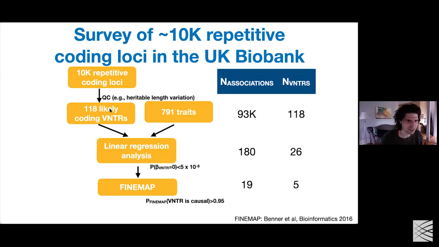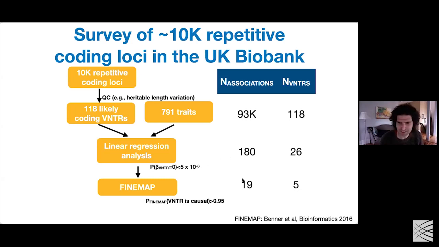This left us with 118 likely coding VNTRs that were amenable to our methods, which we tested against 791 traits measured by the UK Biobank. We found 180 of those VNTR-phenotype pairs passed a stringent genome-wide significance threshold for SNPs, 5 × 10⁻⁸.